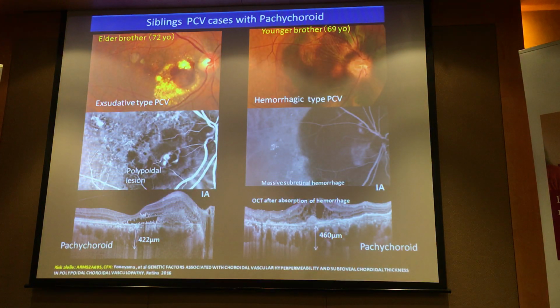And also this slide shows siblings with PCV and pachychoroid. The elder brother has an exudative type PCV, like the left side, and the younger brother has a hemorrhagic type of PCV. So the risk alleles are ARMS2 and CFH, and this is a disease. PCV is a disease with a hereditary state.